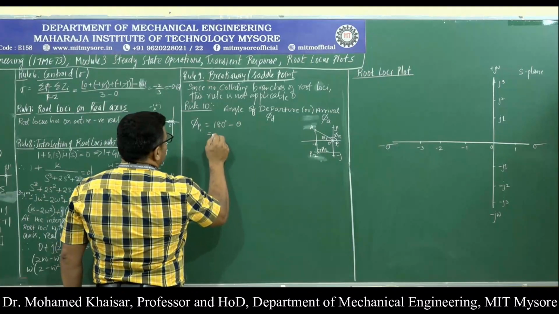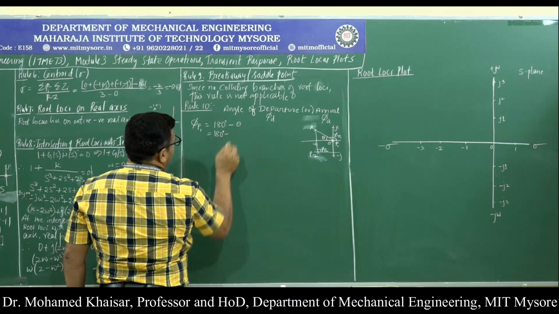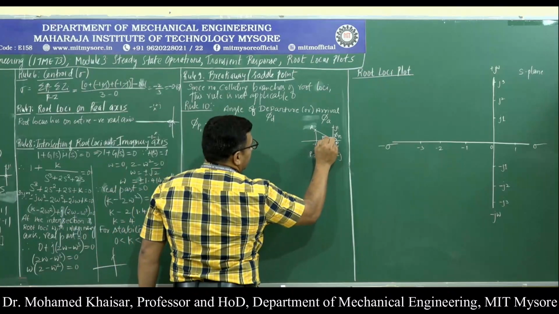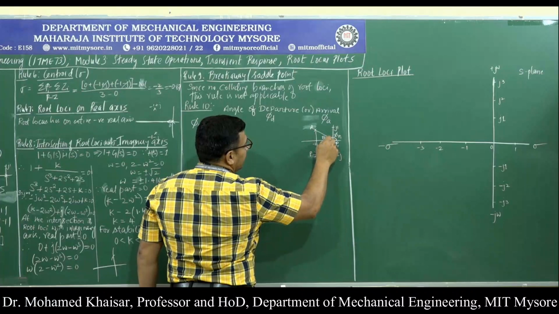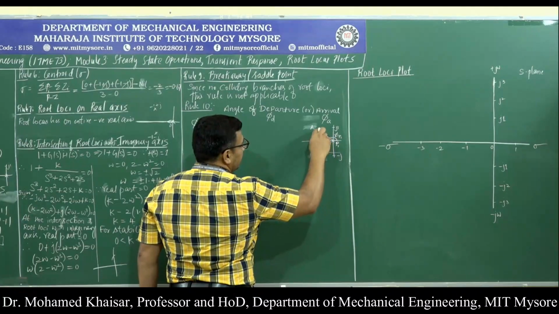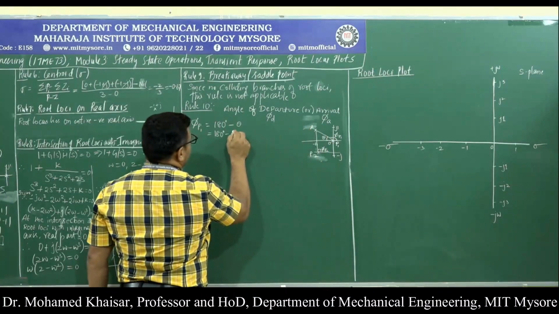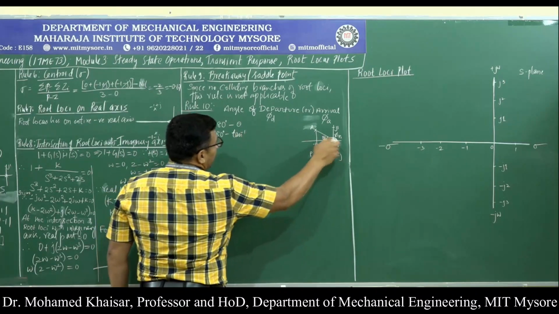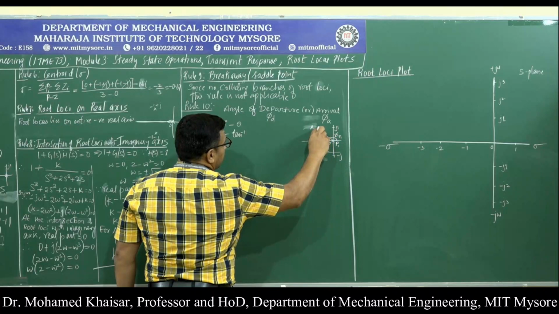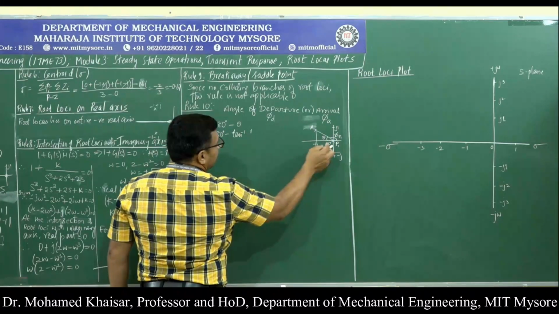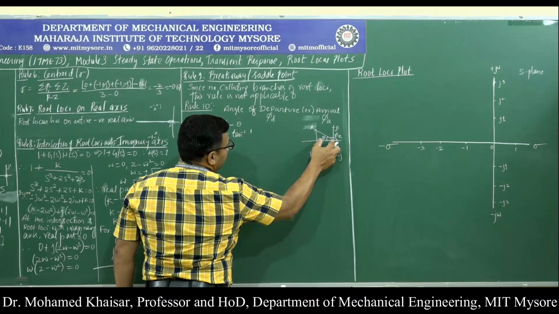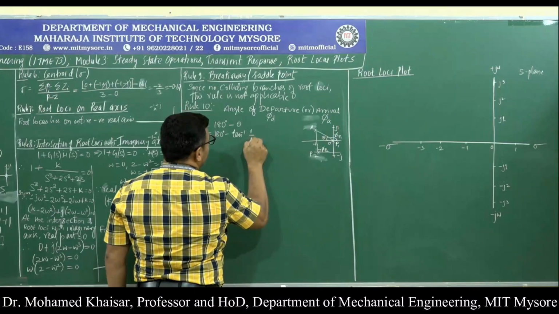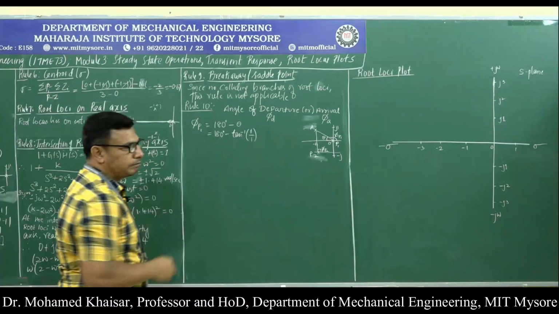Then what is theta? If I take tan, tan is nothing but opposite side by adjacent side. The opposite side is plus 1, so tan inverse of opposite side, plus 1. The adjacent side for this angle is this one, which is also 1. So 1 by 1.